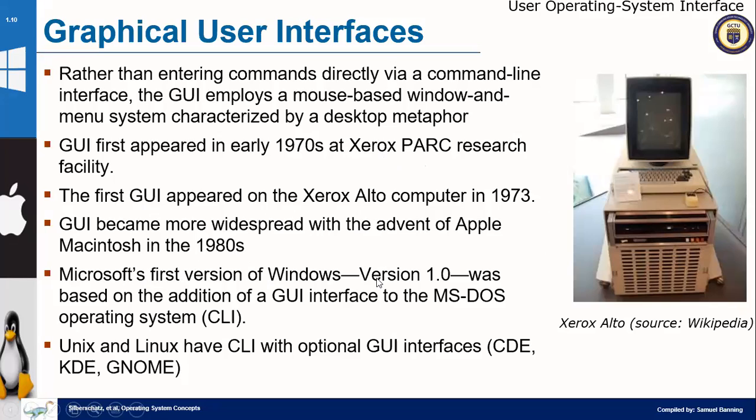Microsoft's first version of Windows was based on the addition of a GUI interface. Remember last week we talked about MS-DOS, and Microsoft built the GUI interface on its MS-DOS operating system, and it became Microsoft Windows.